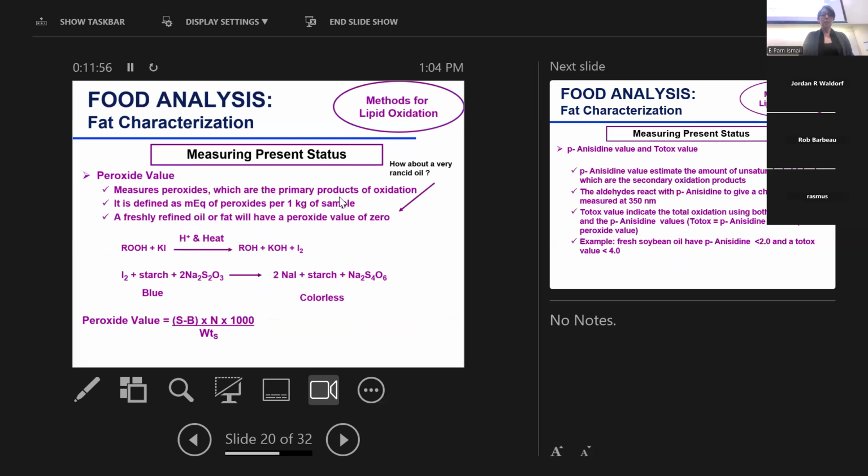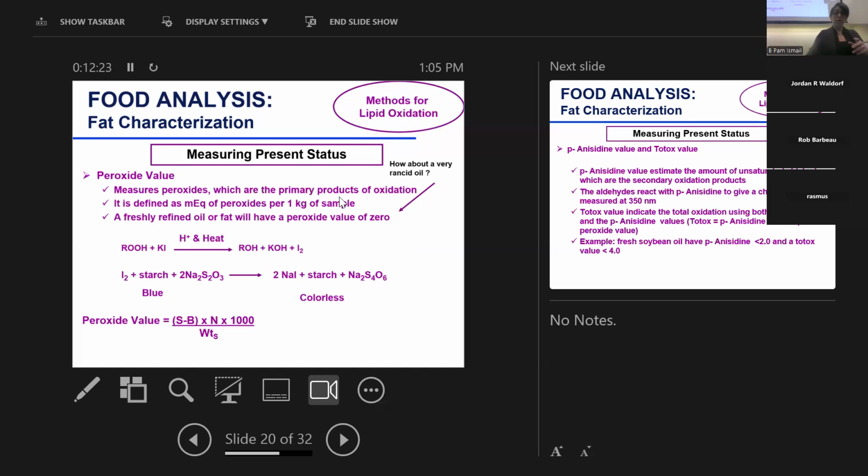Okay. Peroxide value. Peroxides are primary oxidation products. So when a fat or fatty acid is oxidized, you generate a peroxide. And as oxidation progresses, peroxides convert to secondary metabolites, like aldehydes, for example.